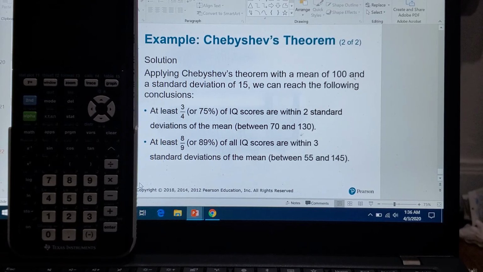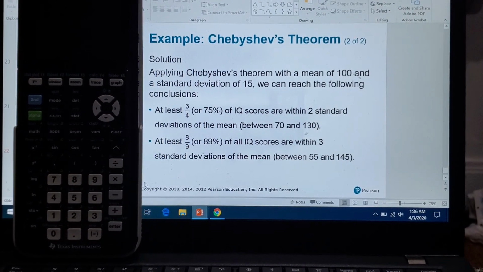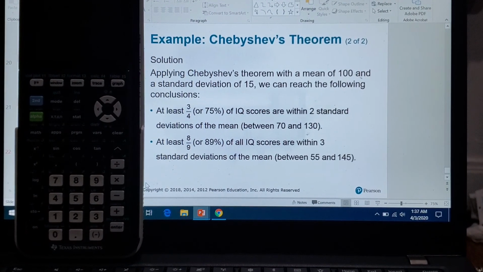The range just gave you a window of how far apart your data values can be, but it's not resistant because very large or very small numbers can affect it. The standard deviation takes every data value into account to give you an idea where your data values are. And as long as it's bell-shaped and symmetric, you can use the empirical rule to give you an idea of where your data values lie relative to the mean.